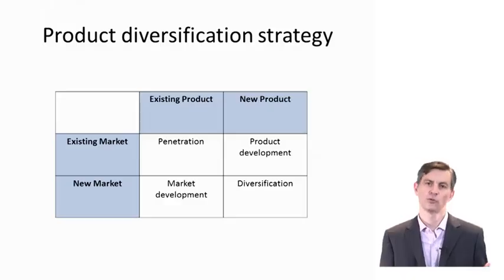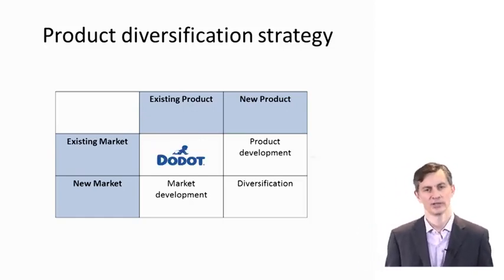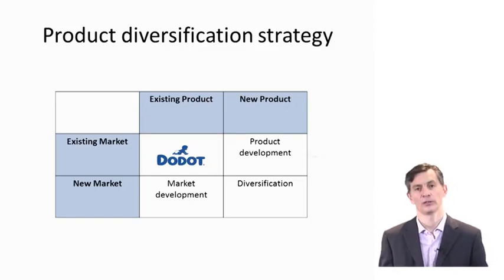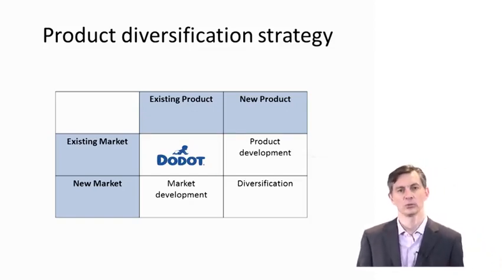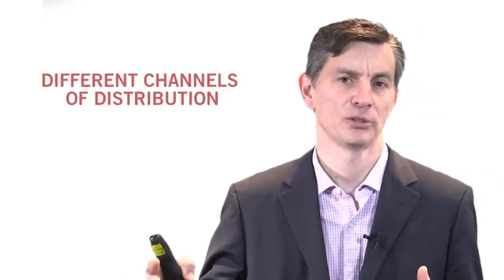So for the first diversification example, let's take the case of Dodot, the leading manufacturer of diapers, also known as Pampers in the rest of the world, which is the case that we're using for week 2 of the course. The penetration strategy of diversification in their particular case consists of expanding through different channels of distribution.